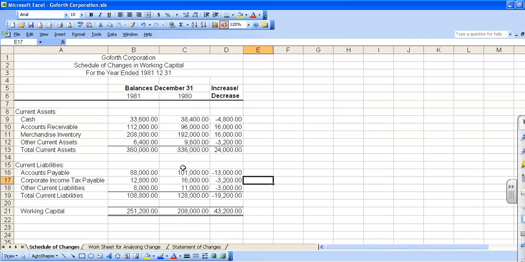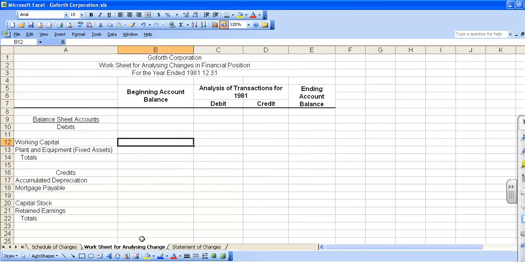Okay, so our working capital at the beginning of 1981 is $208,000, which you can see is at the end of 1980. So I'm going to go ahead and put that in. And plant and equipment is the same as fixed assets. Okay, so if you look on page 542, fixed assets is $192,000.